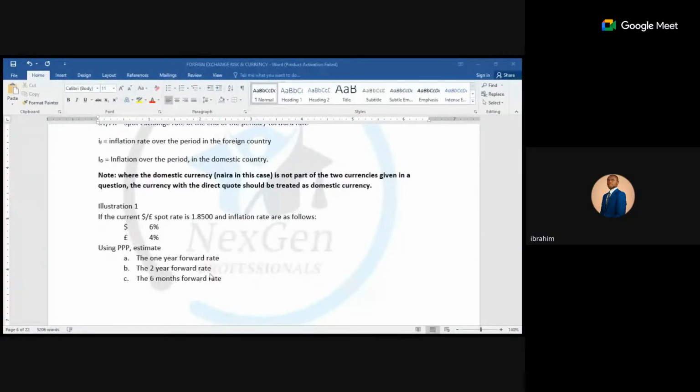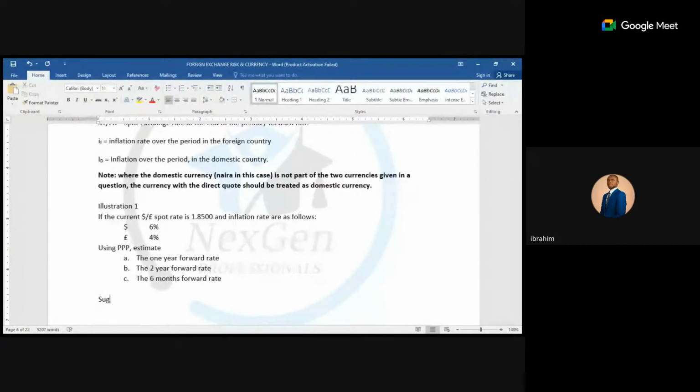This will help you a lot when we get to international investments. We will do forward rate, either using the purchasing power parity, which depends on the examiner, then it is inflation, or the interest rate parity, that is IRP. We'll get there.